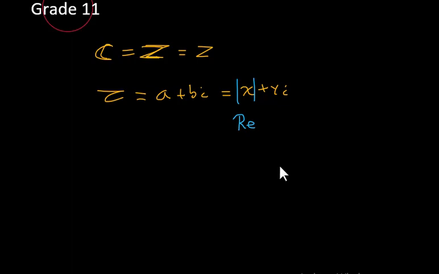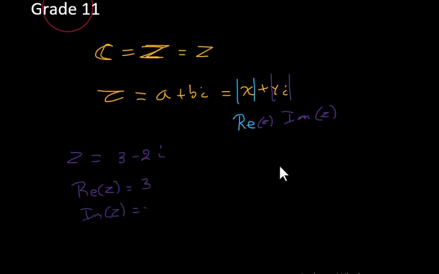This is the imaginary part of Z, and the real part of Z. If I give you, for example, Z equals 3 minus 2i, the real part of Z is 3, and the imaginary part of Z is minus 2. You don't have to include i when mentioning the imaginary part. Just the coefficient, the number in front of i, is the answer.